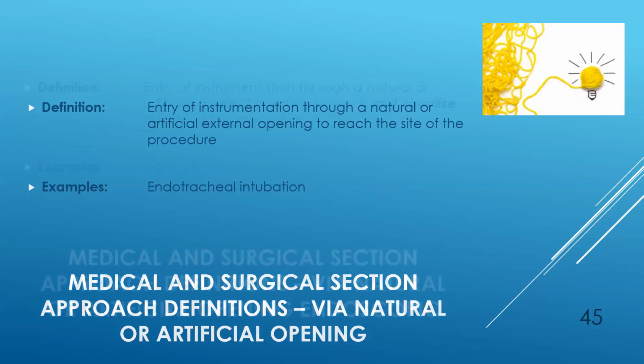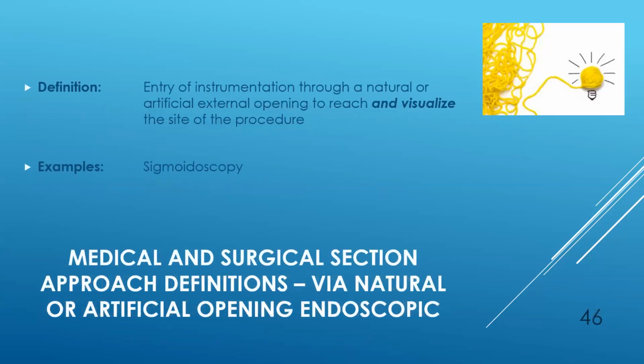Next, now I've got to move it along a little bit. And the only difference here is they use the camera, like a sigmoidoscopy, a colonoscopy. Those are good examples where they're going through a natural orifice, but they're using the camera to visualize. Next.